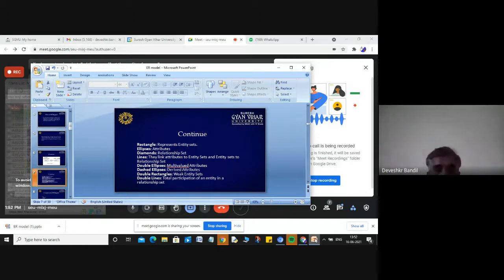Multi-valued attributes are always represented in your double ellipse, and your dashed ellipse always represents your derived attributes. And your double rectangle shape is used for weak entity set. Weak entity set, what is weak entity set?